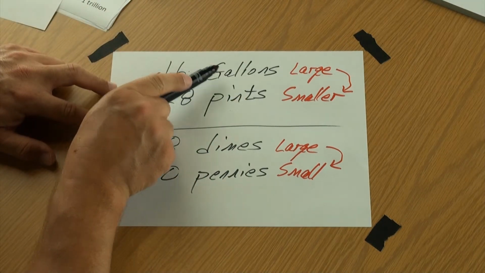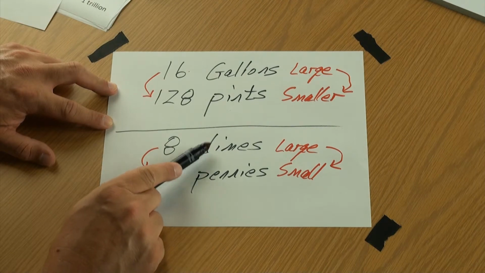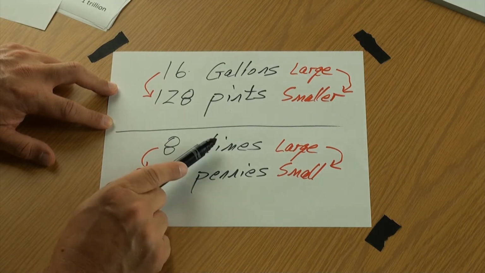The difference between gallons and pints, there's 8 pints in a gallon, is different from the difference of magnitude between dimes and pennies. There's 10 pennies in a dime. So those differences of magnitude throw it off a little bit as far as just saying, well, this is easy with the numbers. It's actually going to be really easy when we start talking about the electronics units.